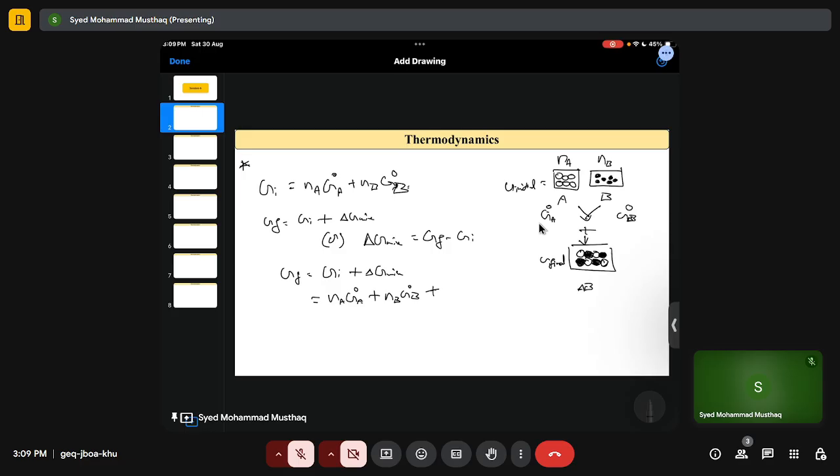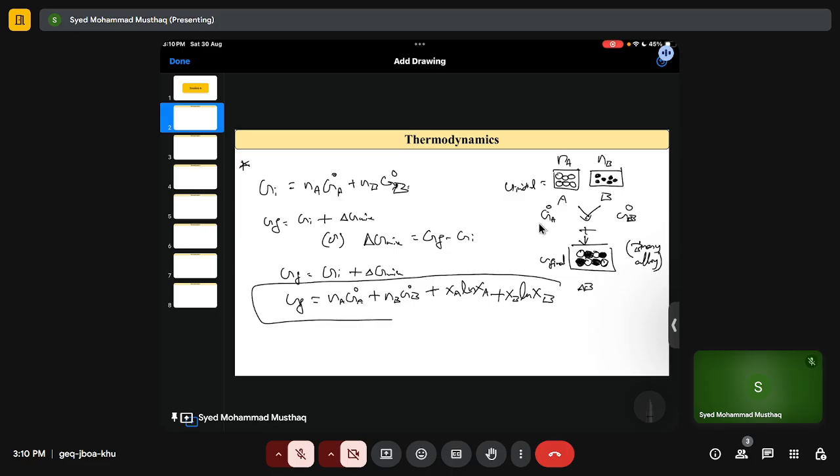Then delta G mix will be XA ln XA plus XB ln XB. We are only considering a binary alloy, because we are only considering two elements, right? So it's just a binary alloy. So this is the final correlation.